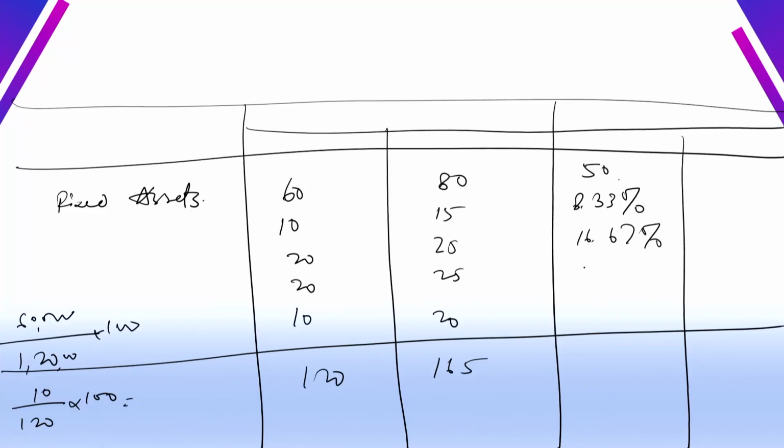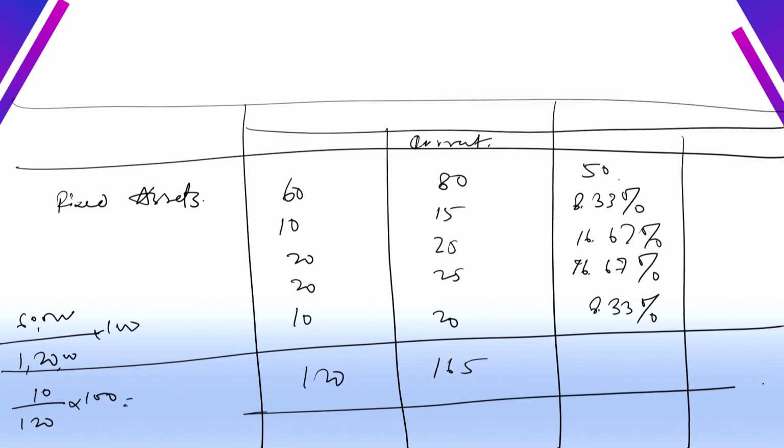Since this amount is the same for the other current assets, it will come at around 16.67%. And for the last, other current assets, it is 10, which is 8.33% of 120. For the current year, 80,000 of rupees 1,65,000 will come at around 48.48%.